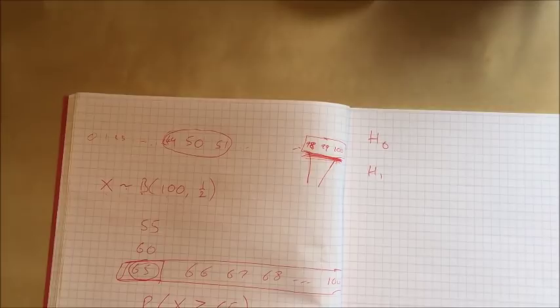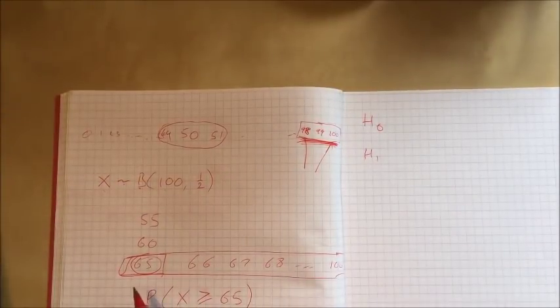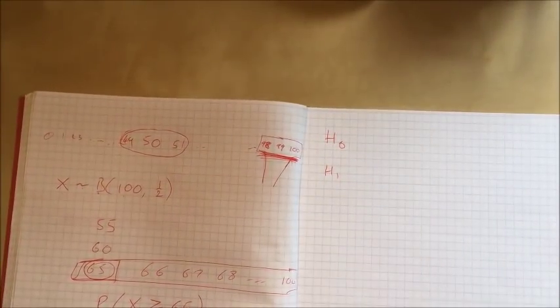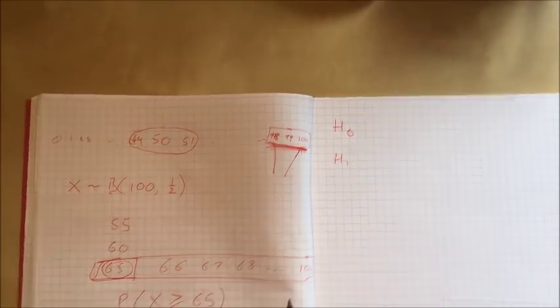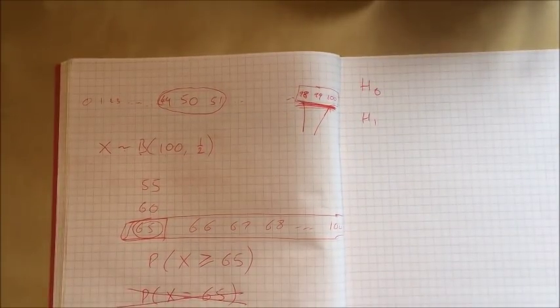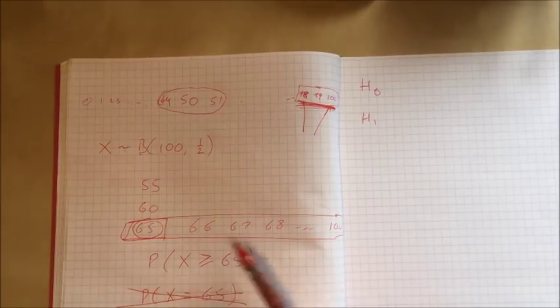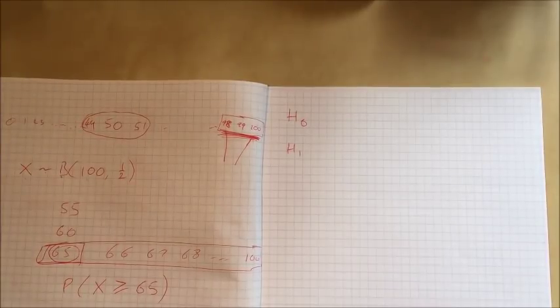So where were we? We've talked about the null hypothesis and the alternative hypothesis, and the idea of a critical region. What we haven't talked about yet is a significance level. This is where we actually quantify this. Instead of saying, well, I reckon 65 heads or more is unbelievable, we're going to put a number on it.